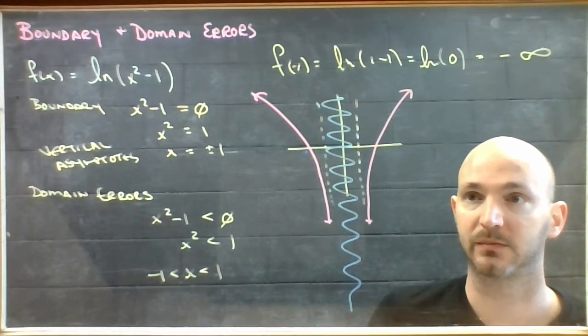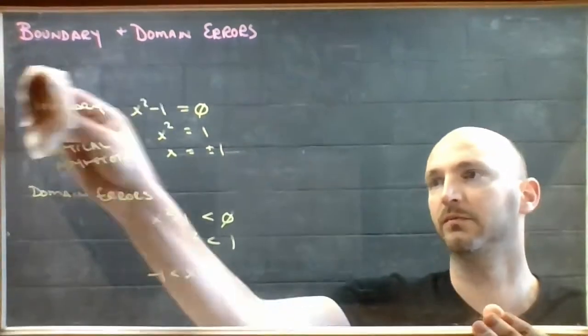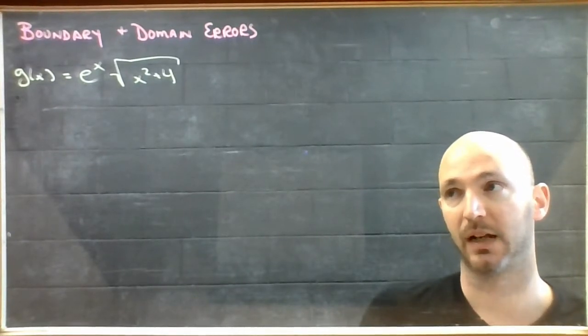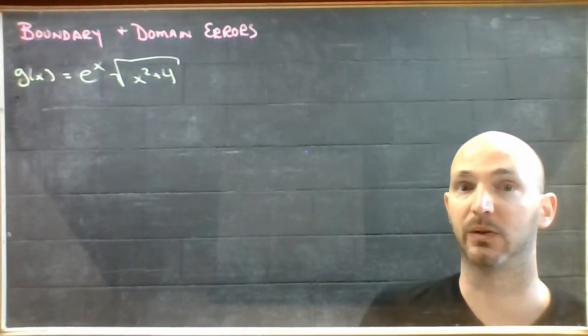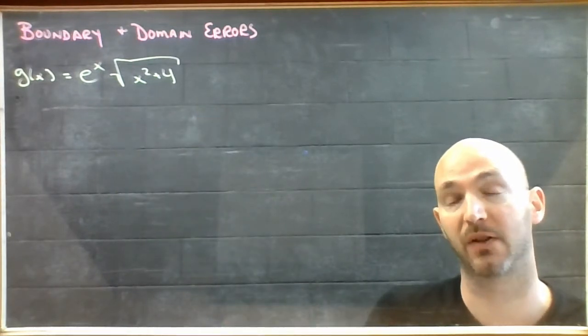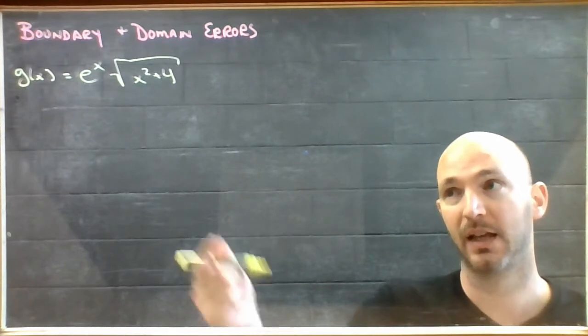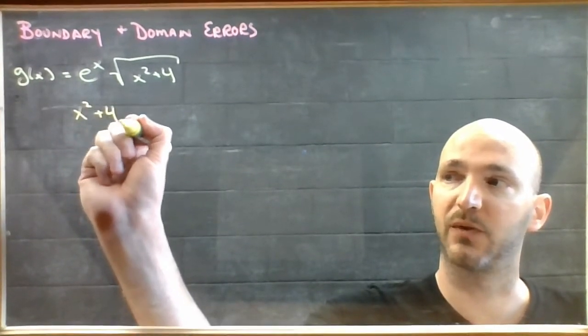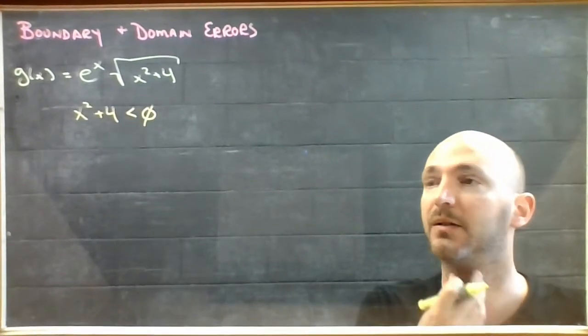So for this last example, e to the x multiplied by the radical of x squared plus 4, I recognize that radicals are one of those functions that create domain errors, and that domain error is going to happen anytime that x squared plus 4 is less than 0.